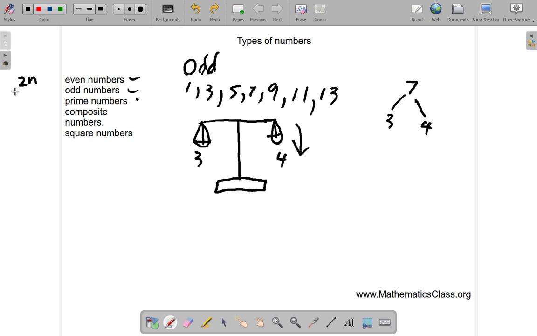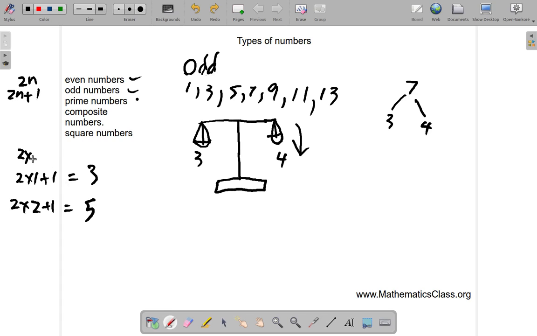And then a formula for you to get the odd number is 2n plus 1. Sometimes that's given. So in 2n plus 1, you have 2 times 1 plus 1. That's 2, and 2 and 1, that's 3. 2 by 2 plus 1 is 4 plus 1, which is 5.